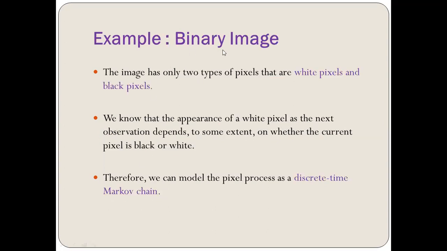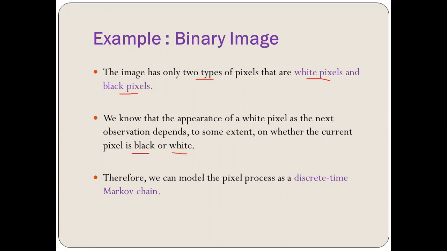Now let's take an example of a binary image. You all know what a binary image is. A binary image means there are only two kinds of pixels in the image, either a white pixel or a black pixel. Now we know that the appearance of a white pixel as the next observation depends to some extent on whether the current pixel is black or white.